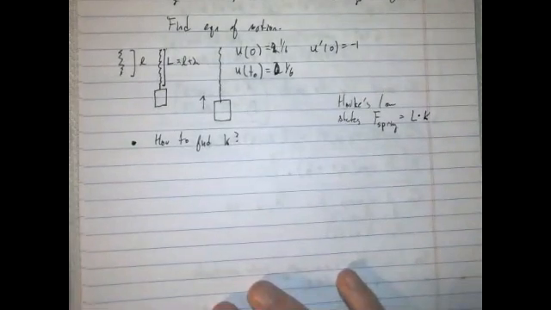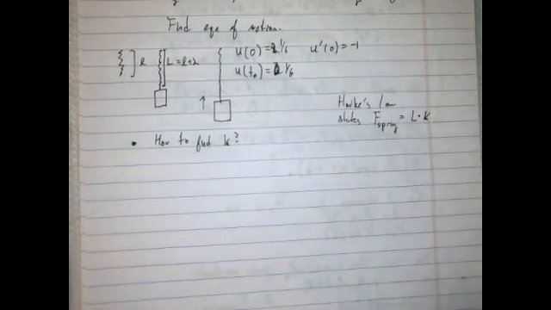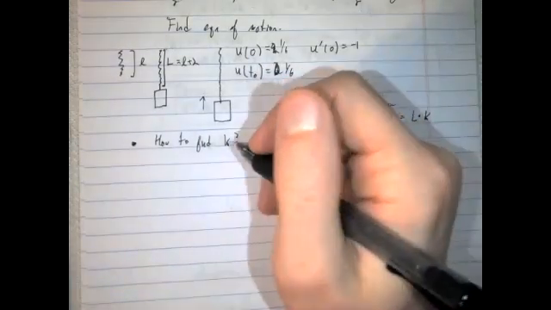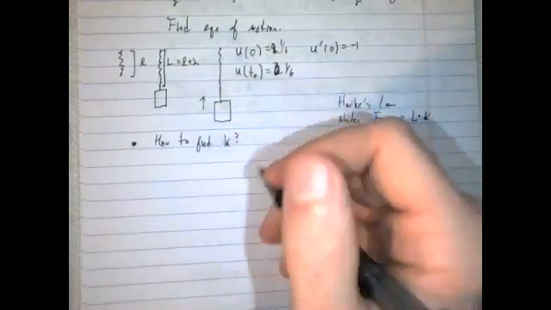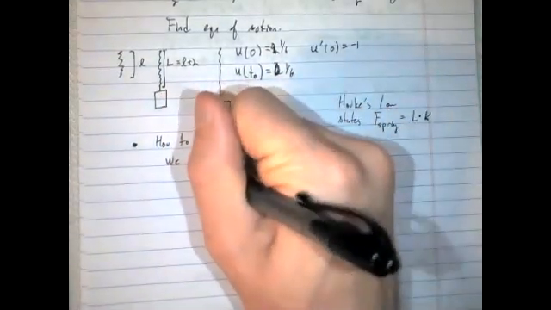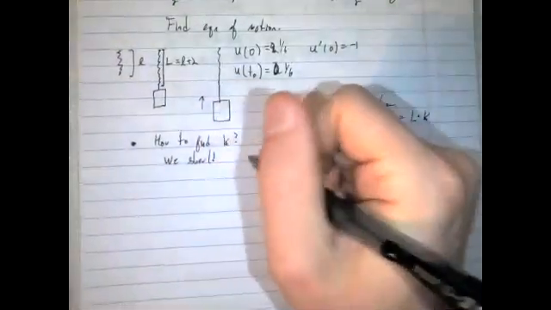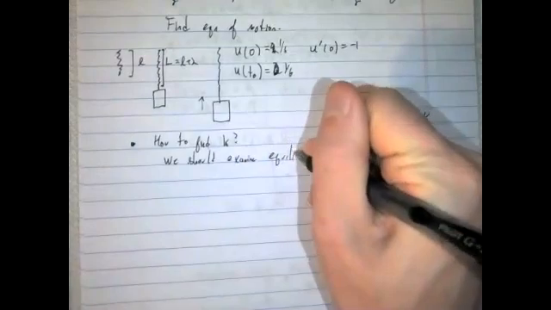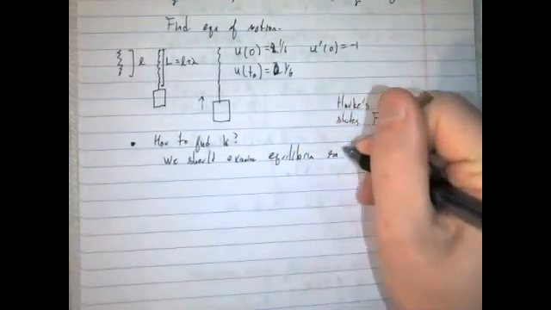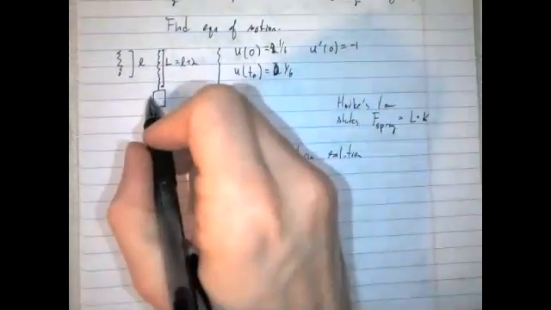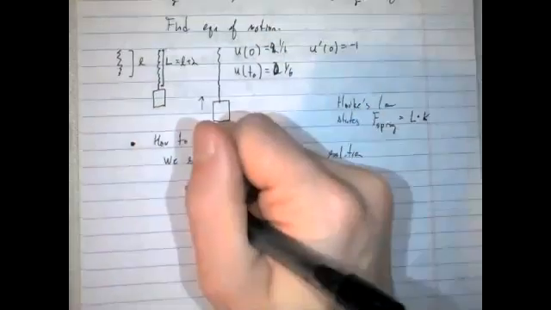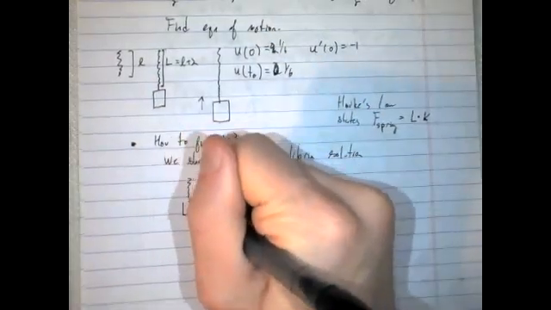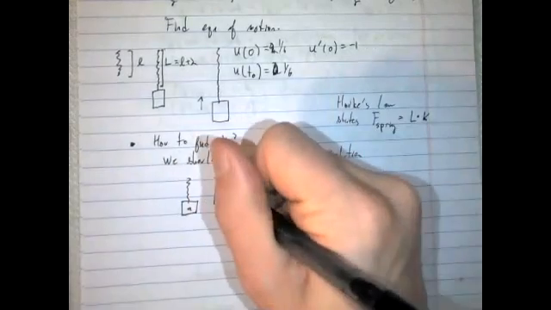So that does give us part of it. Yes. Is it the mg minus kl equals 0? Yeah, I agree. So how to find k? We should examine the equilibrium solution. Namely, if we look over here, where nothing is moving, our free body diagram looks like this.